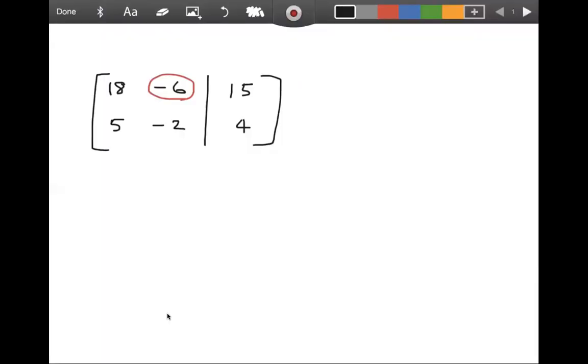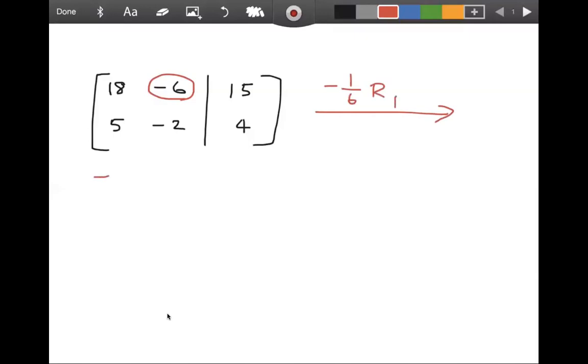All right, so we're pivoting the matrix about the element -6 in the first row, second column. So that means first transform that element into a 1, and we do that using elementary row operation number 2, which is to multiply a row by a non-zero number, in this case, -1/6.